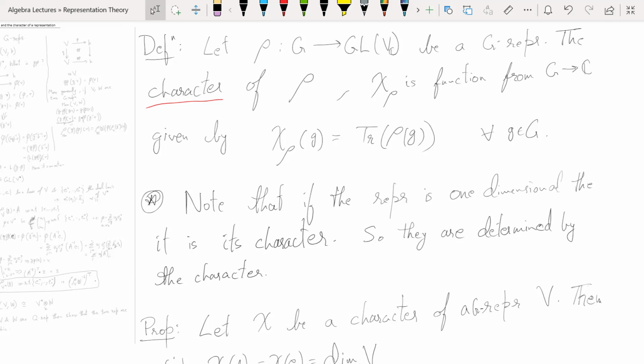And if they are isomorphic, then it is basically a scalar multiple.